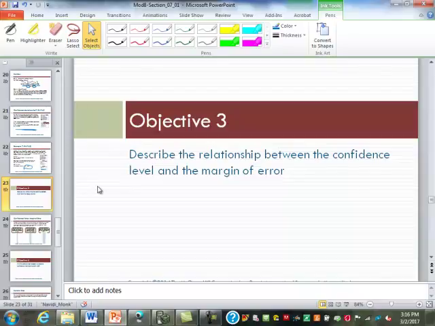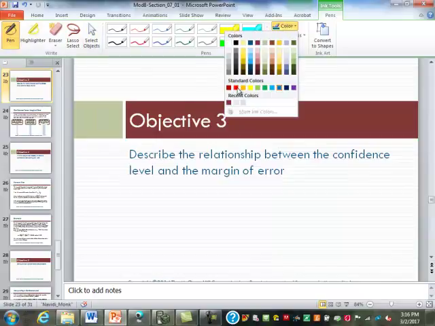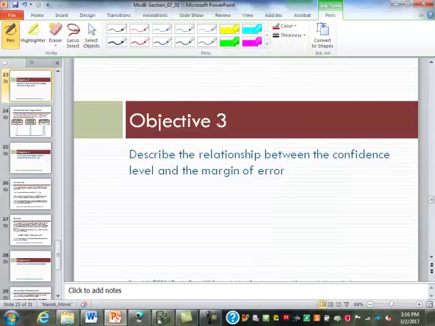Describe the relationship between the confidence level and the margin of error. Well, this one should be relatively obvious. The more confident you want to be, the larger your interval has to be. If here's your point estimate and here's your interval, that's a small interval.